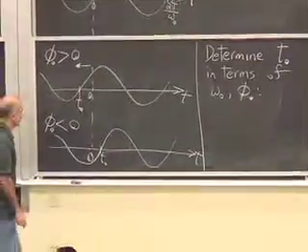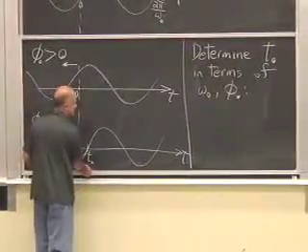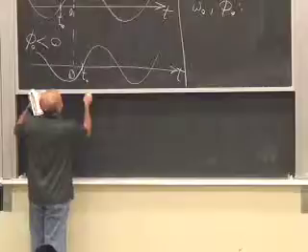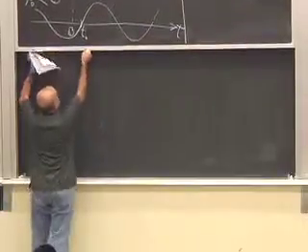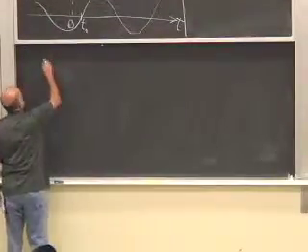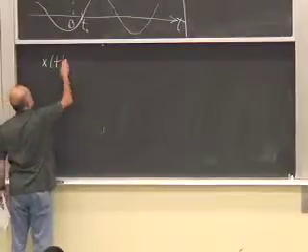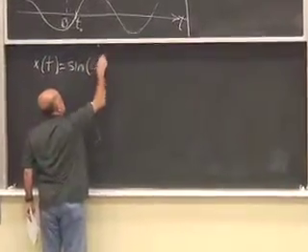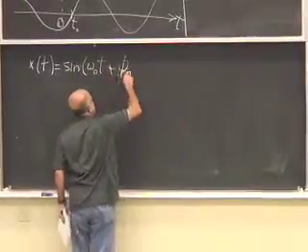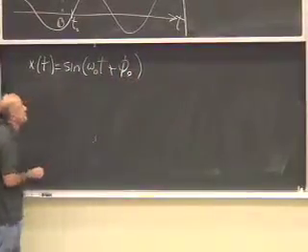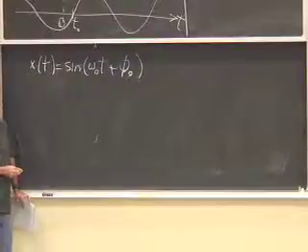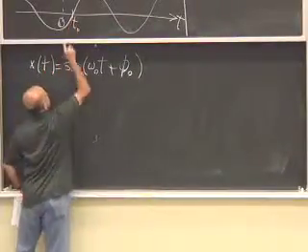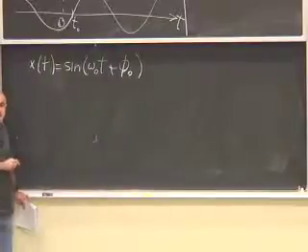You're on. Alright, so I'm thinking. Okie dokie. So we have x of t, which is sine of omega naught t plus phi naught, and you're trying to find the location where it first hits 0.